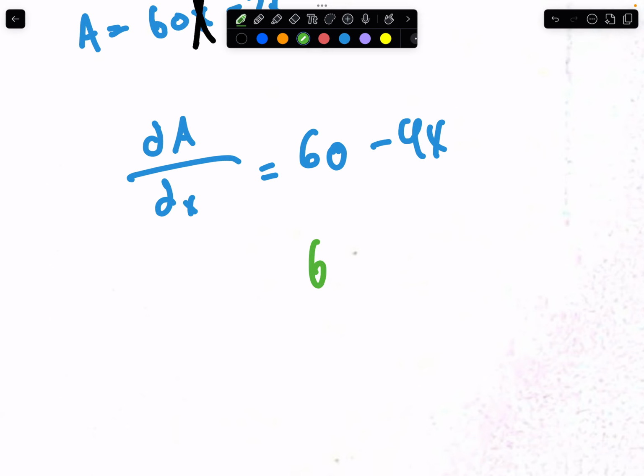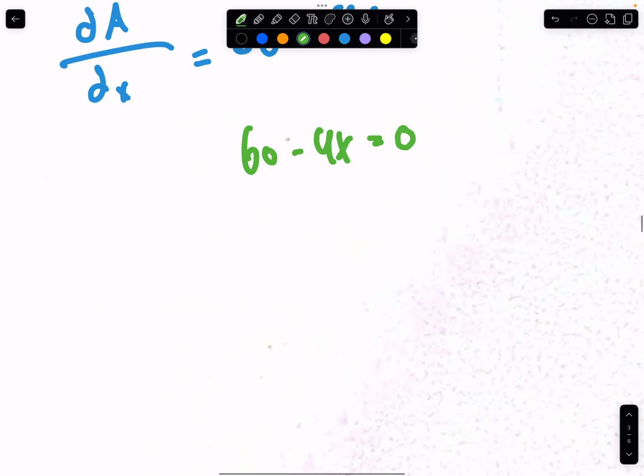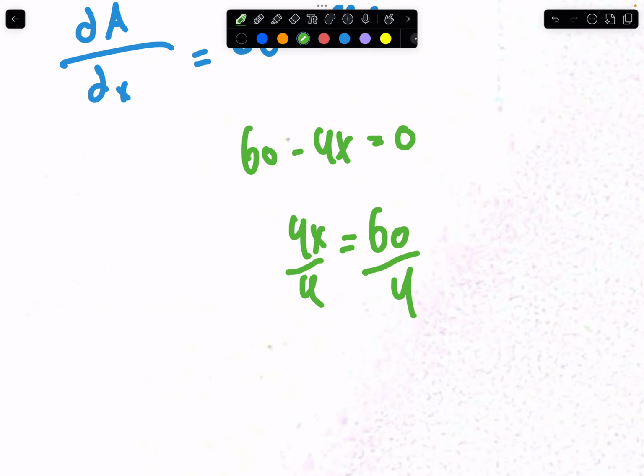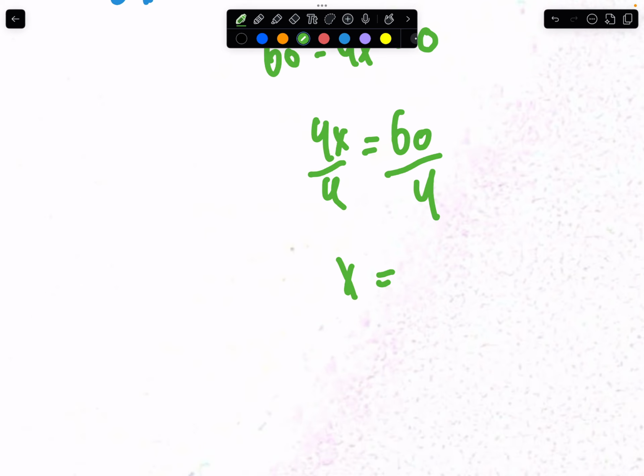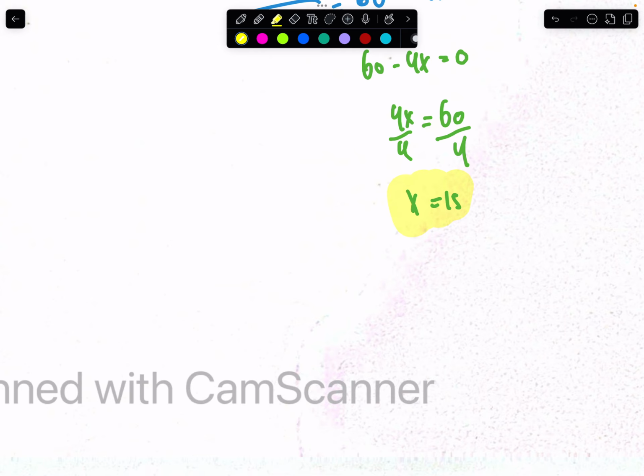So 60 minus 4x is equal to 0. Take 4x to the other side, divide by 4, and this should tell us that the optimal width of the rectangle is 15 meters.